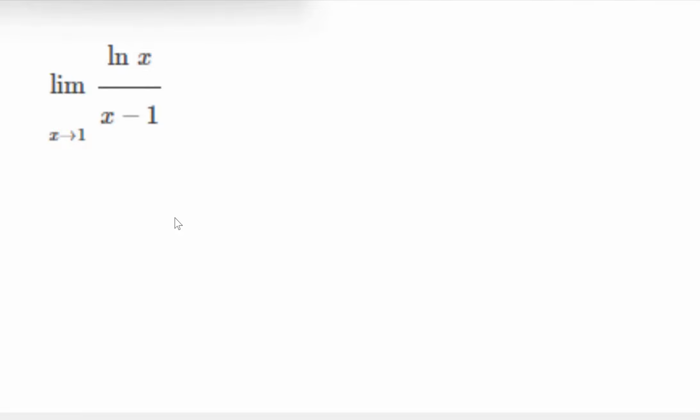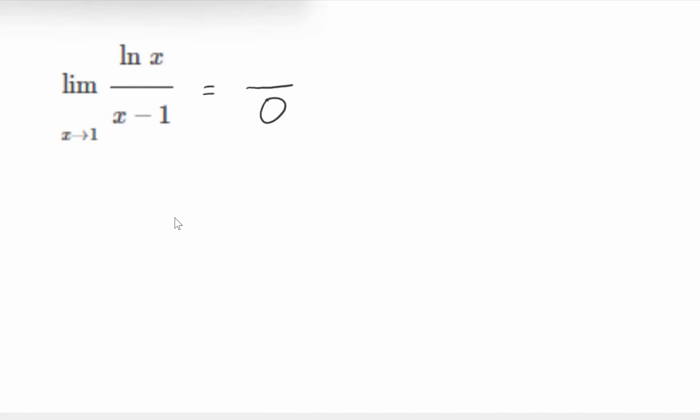No. All right, so can I factor anything? No. And if I plug in 1, the denominator is 0. And what's the numerator? Also 0. So I have 0 over 0.